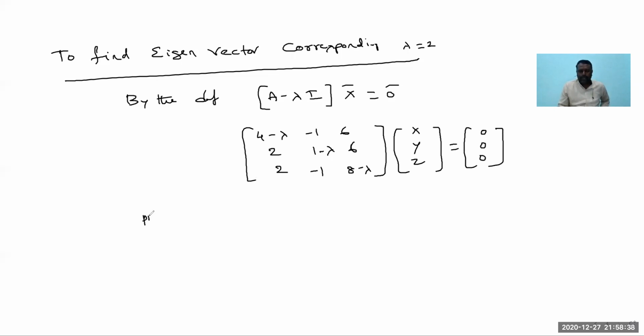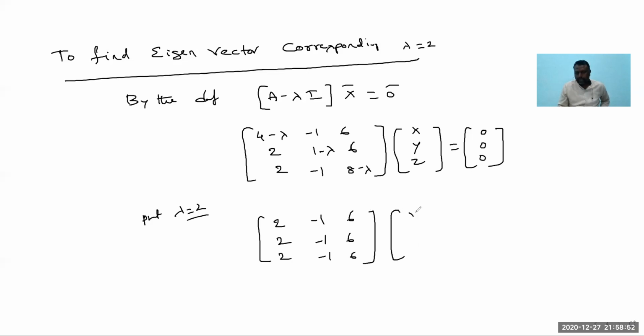So put lambda equal to 2. So lambda equal to 2 means 2, 4 minus 2, 2 minus 1, 6. 2, minus 1, 6. 2, minus 1, 6. So X, Y, Z equal to 0, 0, 0. So keep the first row and make the terms below it zeros.